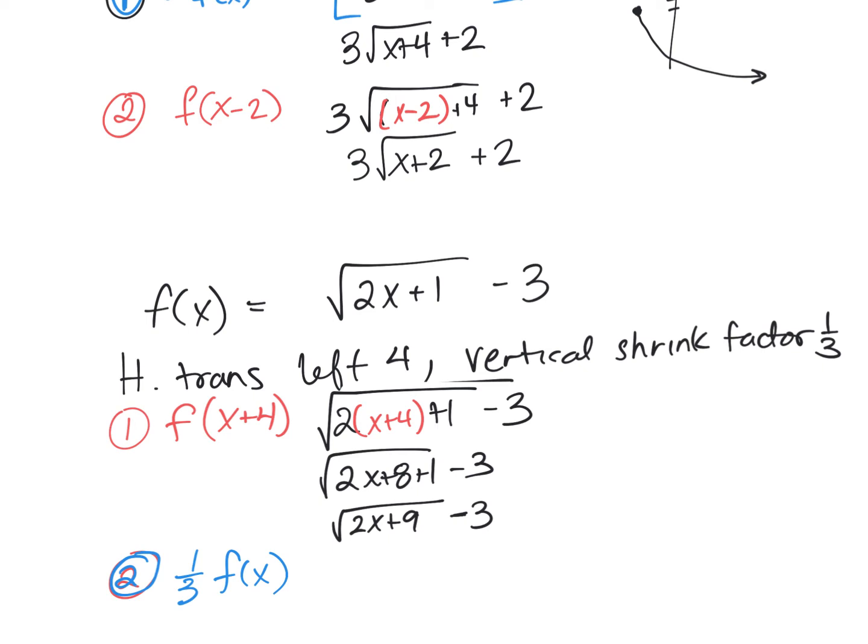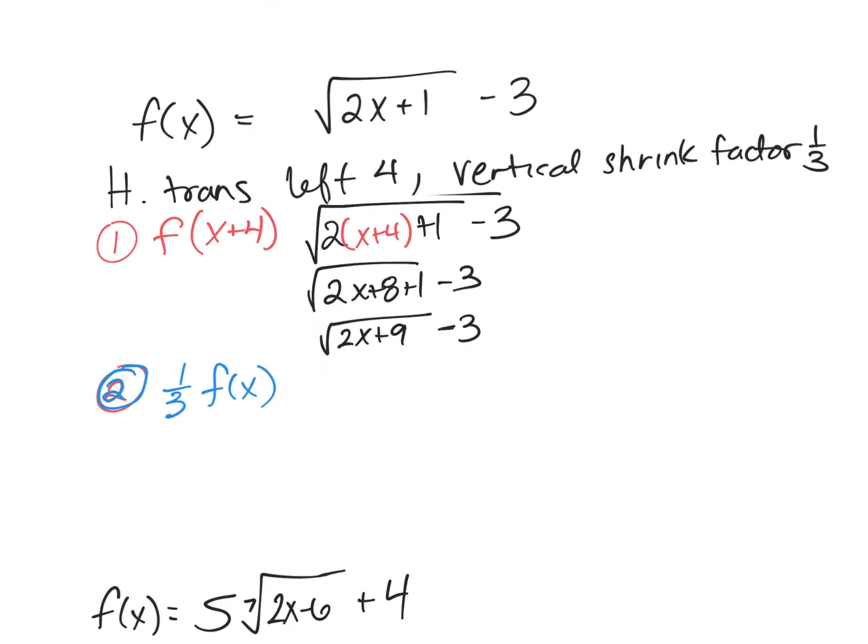So in order to actually make it go over a whole 4 units, it changes to plus 9. And then 1/3 times f of x means I multiply everything by 1/3, 2x plus 9 minus 3.